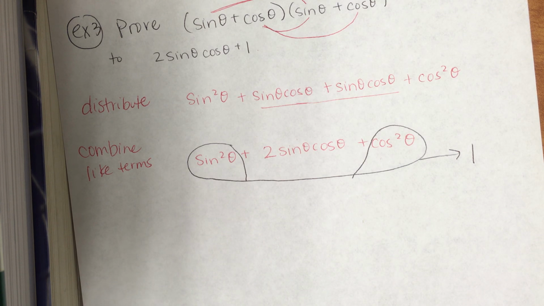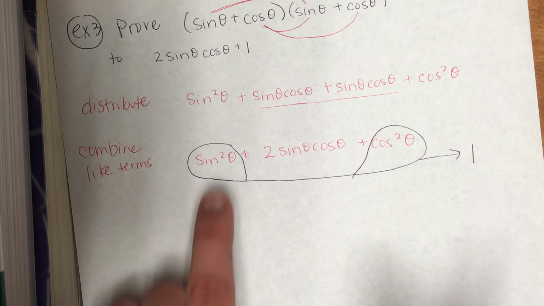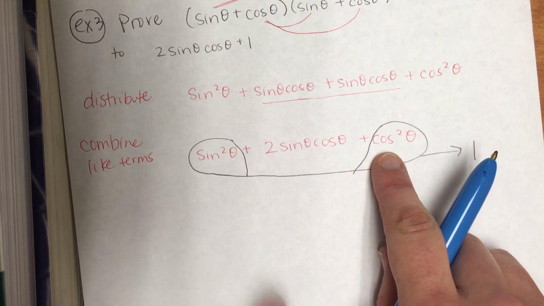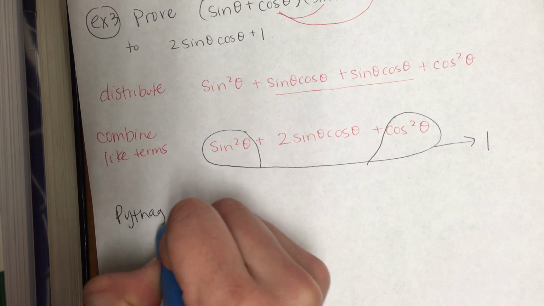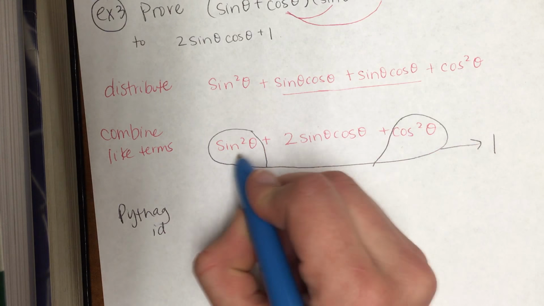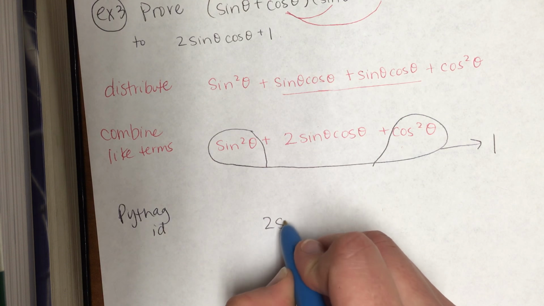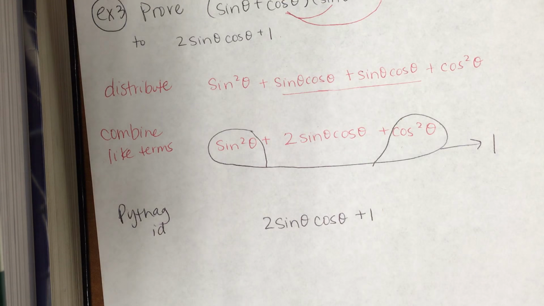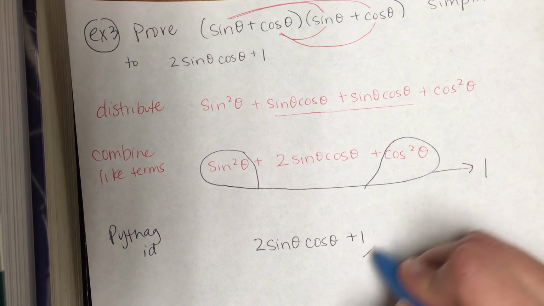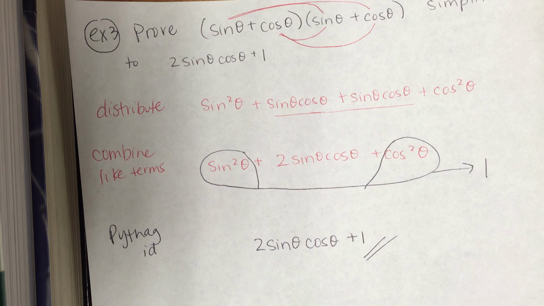Anytime you see a sine squared, a cosine squared, or a 1, just see if there's a way for you to rearrange that Pythagorean identity to get what you want. So sine squared plus cosine squared is 1. So Pythagorean identity, I can replace this sine squared cosine squared with a 1. And now I got everything I need, so I'm done. Beautiful.